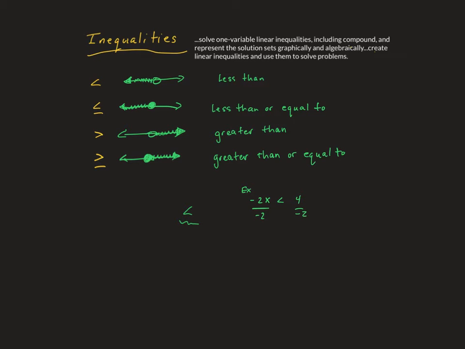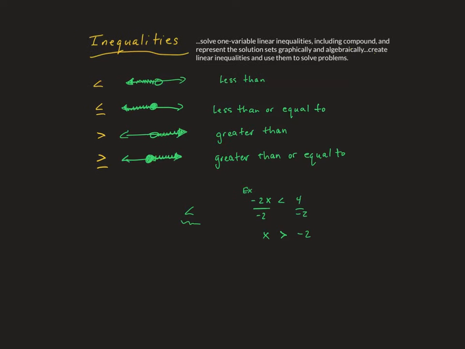But when I divide by a negative number, we have to switch the sign from less than to greater than. So the answer is x is greater than negative 2 and not less than negative 2, because we had to reverse the sign.